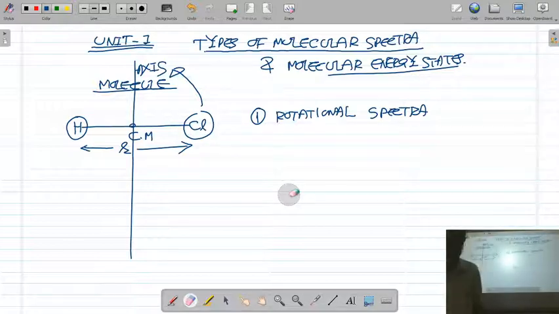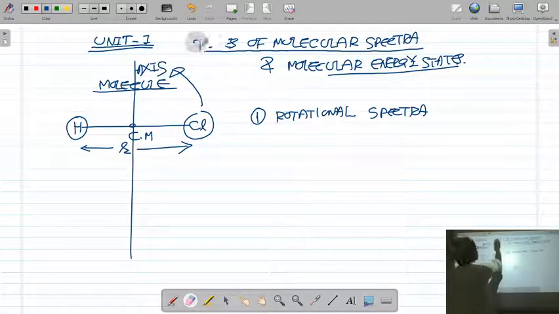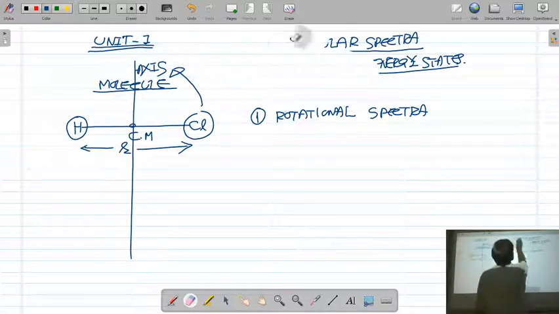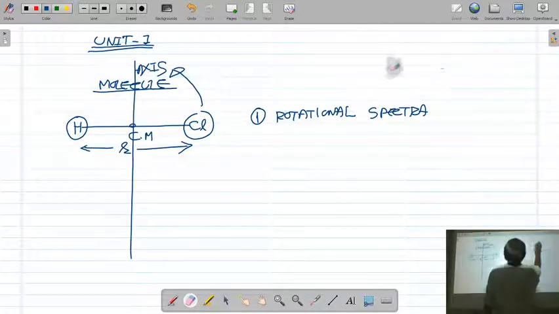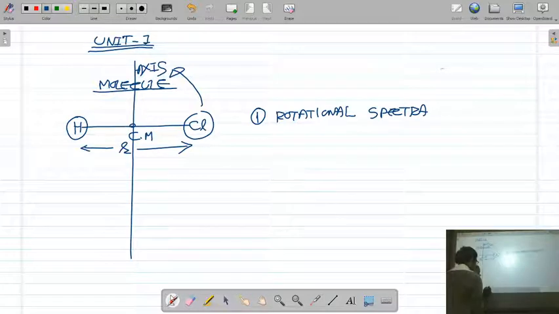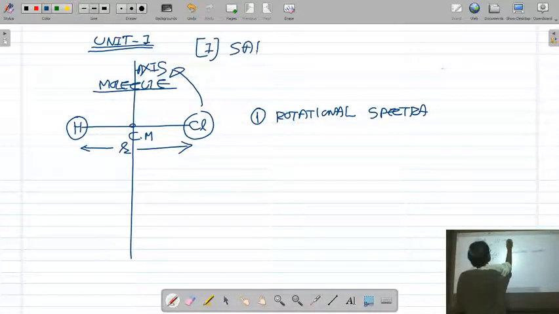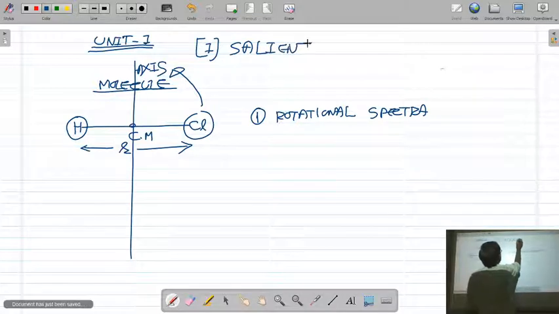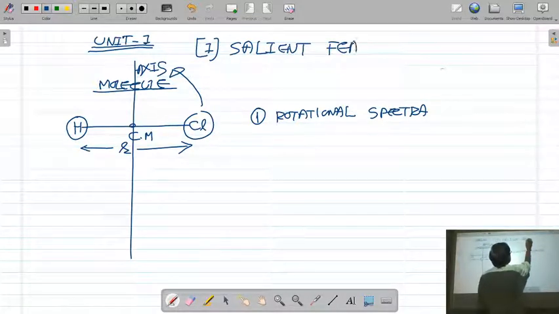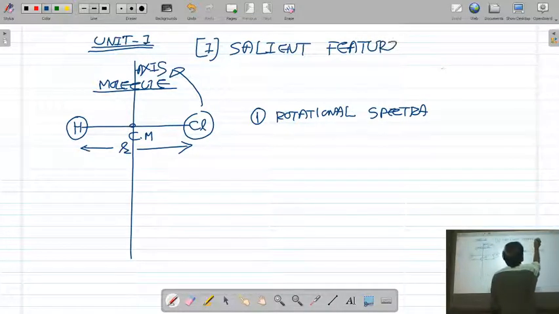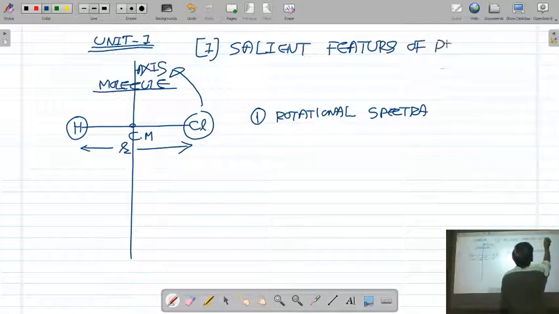The first article of this rotational spectra is the salient features of rotational spectra.